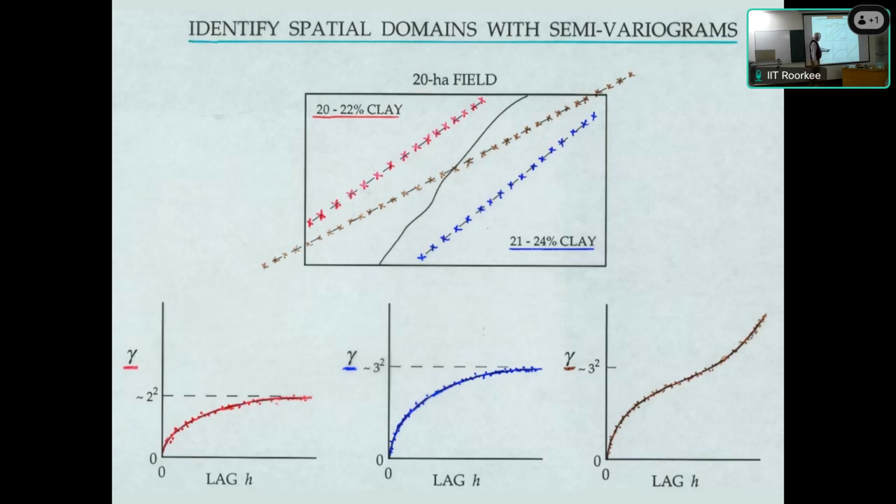And then in the second case, we have 3 squared. And in the third one, we have also 3 squared here. And then it further increases because we start with low clay contents here. And then we move on and we get higher and higher clay contents. And that gives us an unbounded semi-variogram. And that goes unbounded until we further increase the domain so that this one then comes back again.